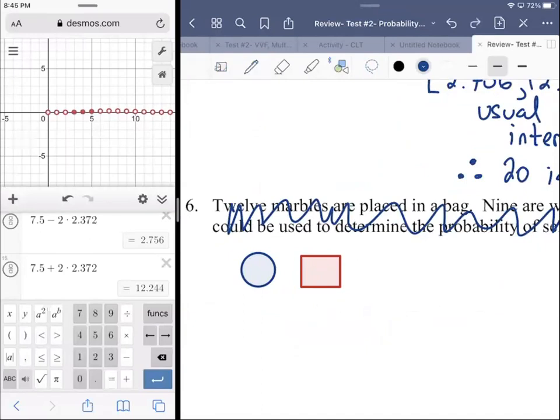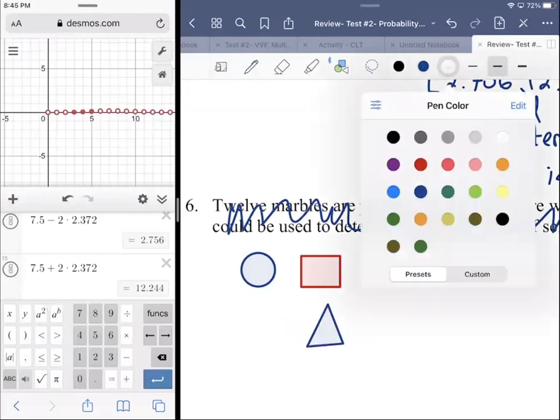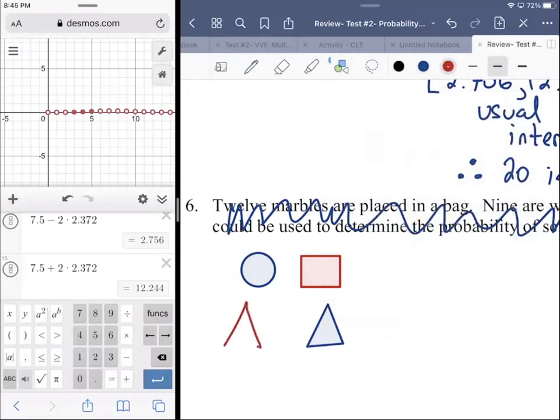I didn't turn my tool on here. That one didn't work. There we go, close enough.